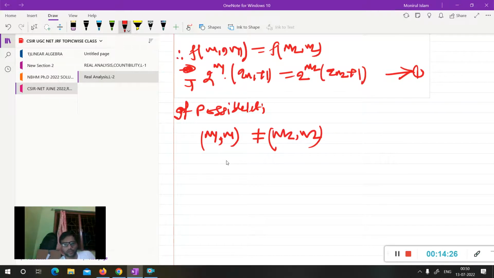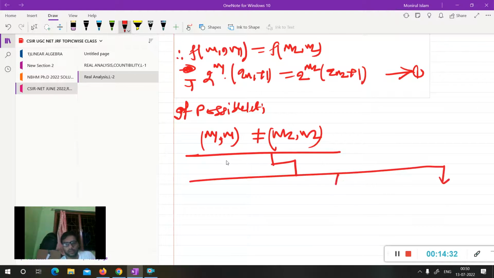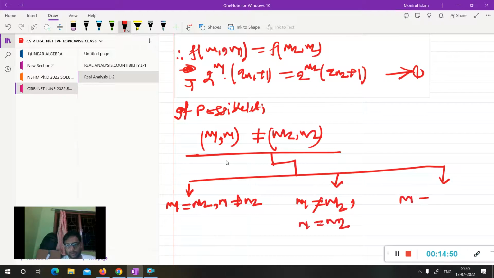Now, assuming (m1, n1) not equal to (m2, n2), there are three cases that may happen. First, m1 equal to m2 but n1 not equal to n2. Or m1 not equal to m2 but n1 equal to n2. Or m1 not equal to m2 and n1 also not equal to n2.